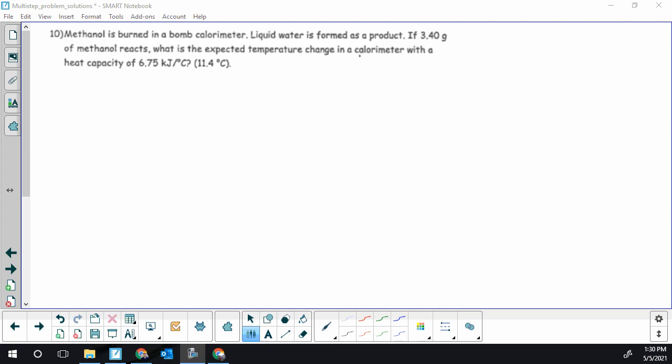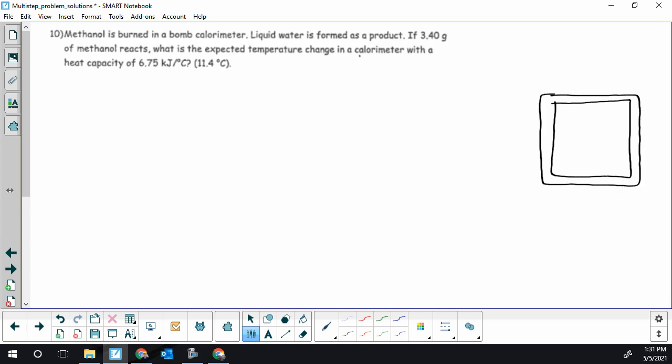Now in a bomb calorimeter, you're going to have some thick-walled calorimeter that can literally handle an explosion. It is a bomb if it ever broke. And the chemical reaction is going to occur inside this metal vessel. Now this metal vessel, which is my black metal around, might be surrounded by water also.